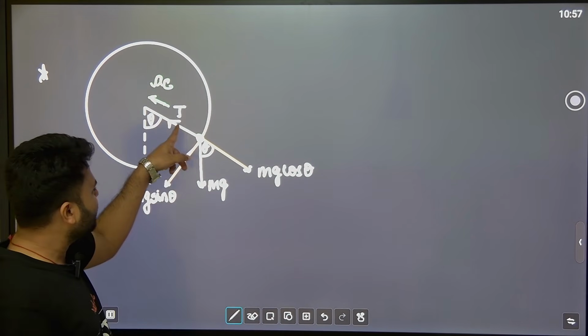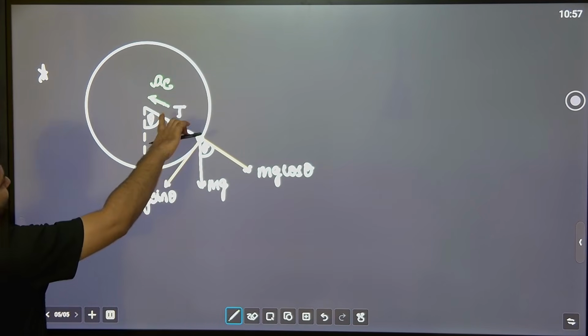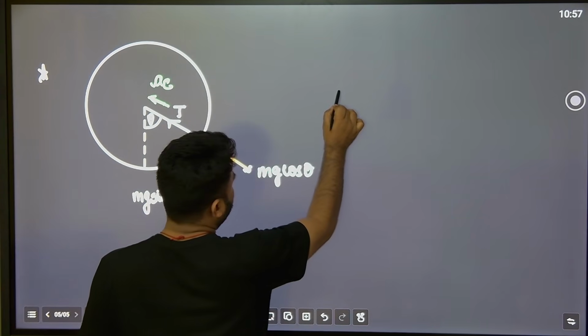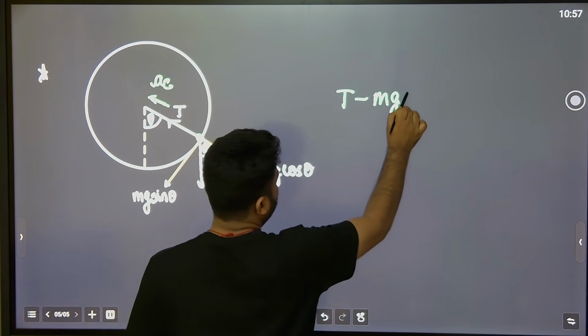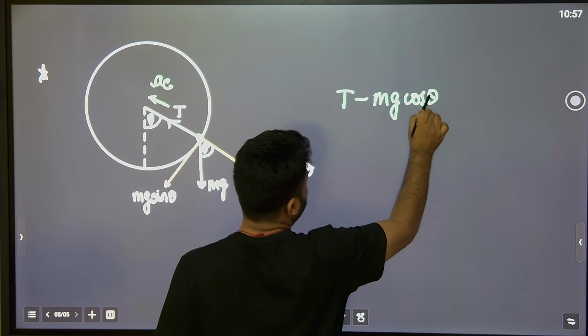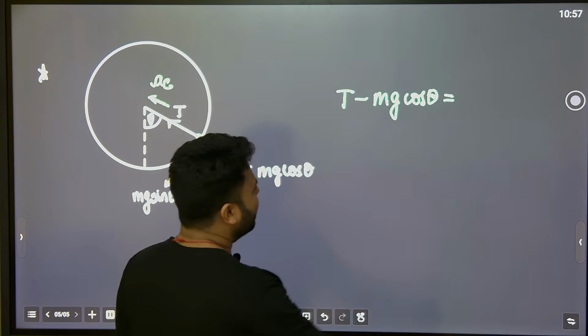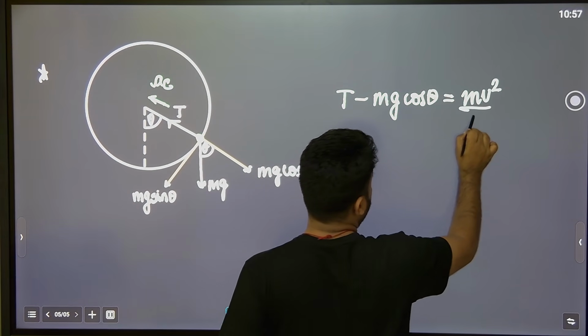So which is more, tension or mg cos theta? Definitely tension, because acceleration is in this direction. So the net force, that is tension minus mg cos theta, equals mass into acceleration. Mass is m and acceleration is v square by r.